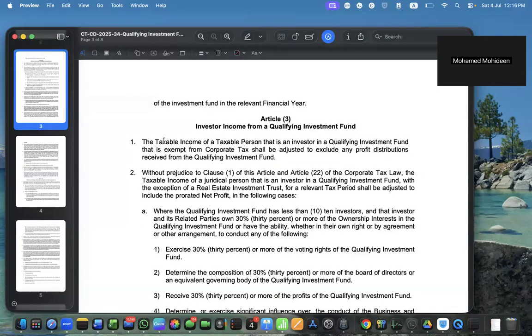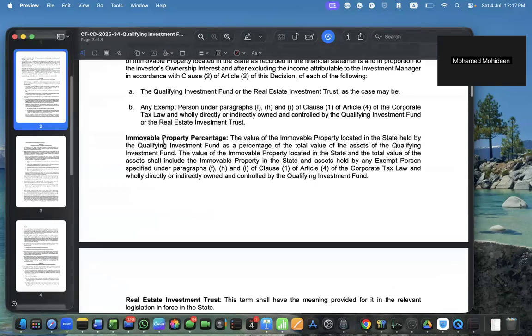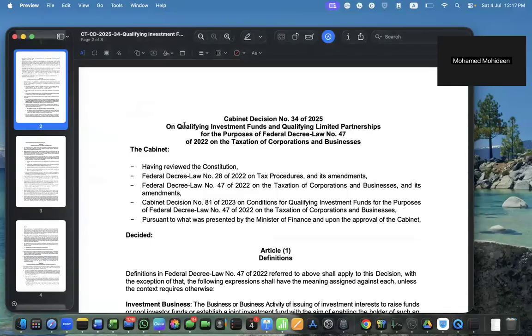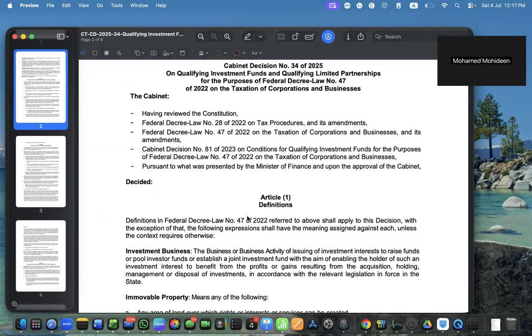Just to rephrase it, we are looking at these points for a nexus to invest in a qualifying investment fund in UAE, correct? Yes, these are the nexus rules, for the entire UAE. Have a look at the name. This is a decision on the qualifying investment funds and qualifying limited partnerships for the purpose of the federal decree law.